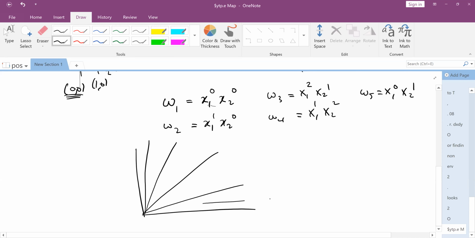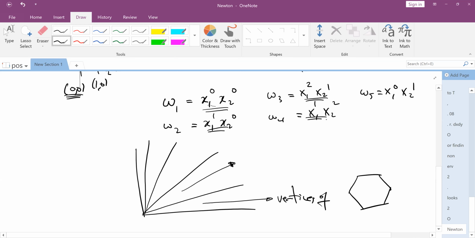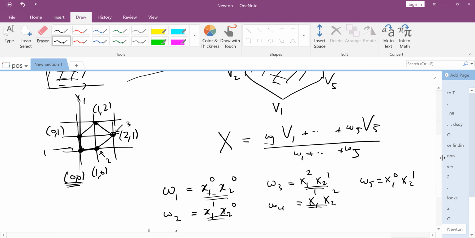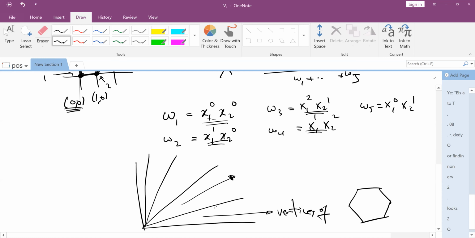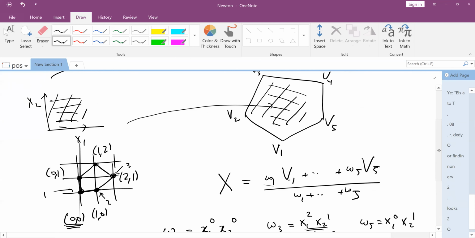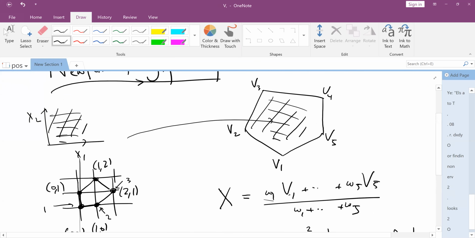And so each one of these directions actually ends up getting mapped to one of the vertices of the polygon. Well, in this case, it was a pentagon. So in different directions, you end up getting sucked into different vertices. But at the boundaries of the directions, you end up hitting the edges between the vertices and so on.